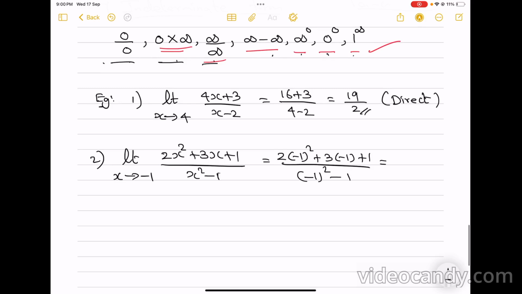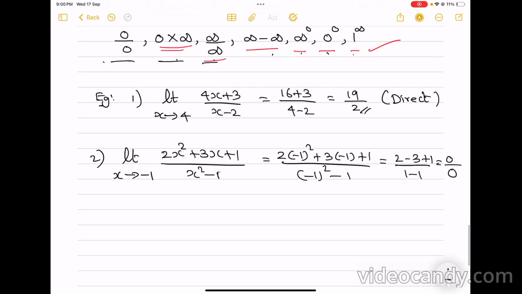So what is the answer you are getting? It is 2 minus 3 plus 1 divided by 1 minus 1. It is nothing but 0 by 0. It is indeterminate form. So here what you are supposed to do, let's try with factorization.